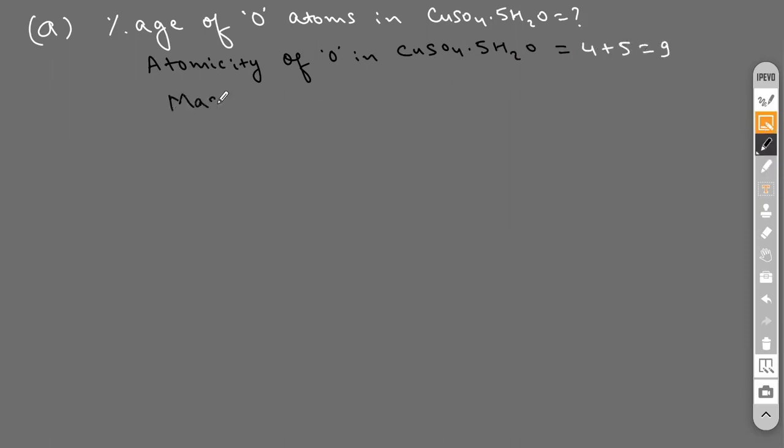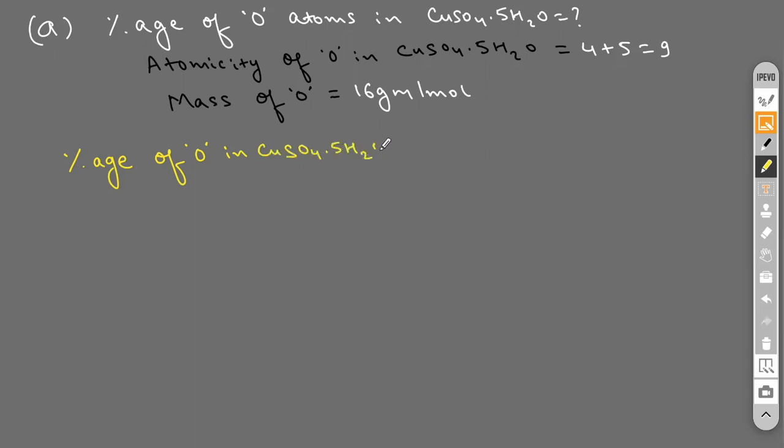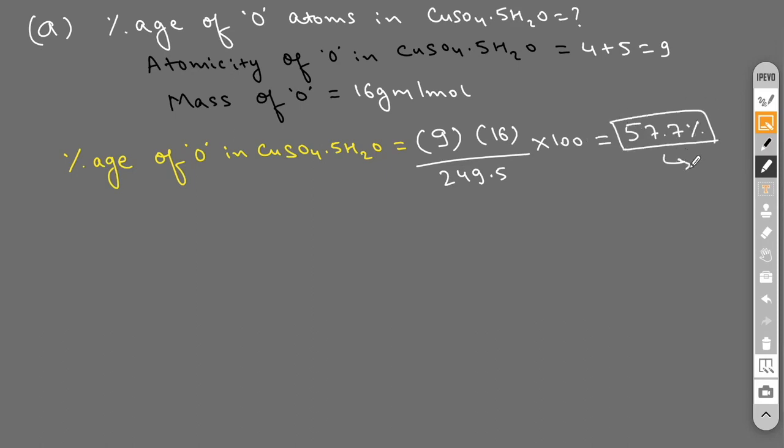Also, the mass of O is 16 gram per mole. Now we have all the values. Simply, the percentage of O in CuSO4.5H2O will be equal to atomicity, which is 9, multiplied by the atomic mass of O, which is 16, divided by the molecular mass of the whole compound, which is 249.5. On solving, it will come out to be 57.7%. This is the answer simply.